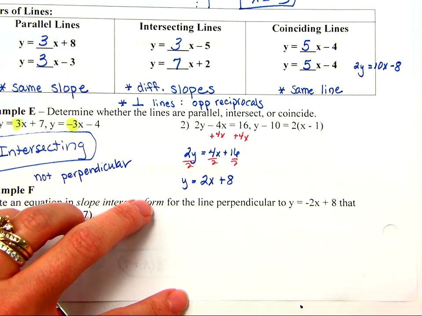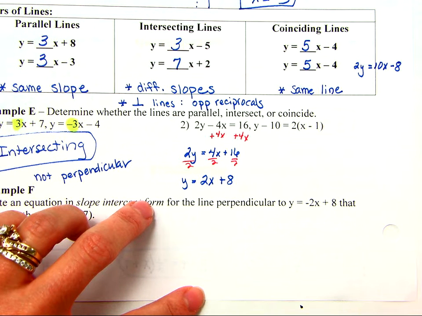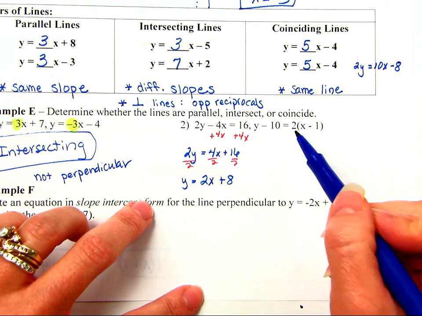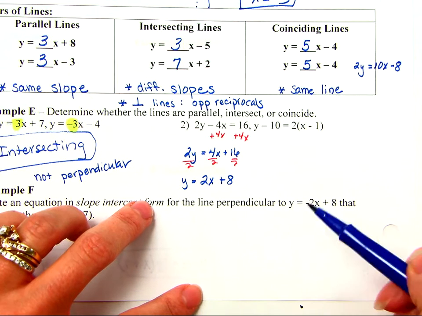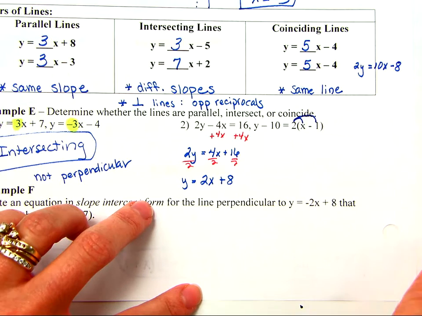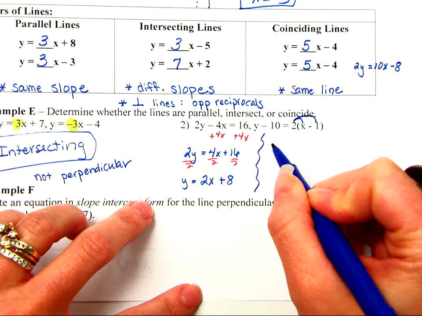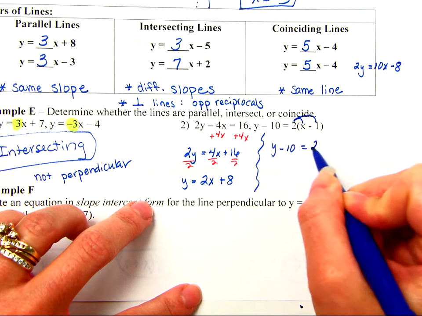When I look at my second one, it's written in point-slope form, and I see that these are for sure going to have the same slope. So I know at a minimum they're parallel, but just to be sure, I'm going to get them in the same form. I'm going to distribute my 2.